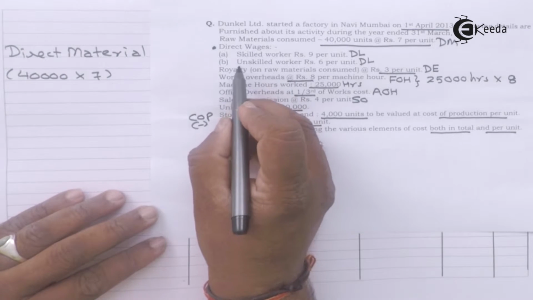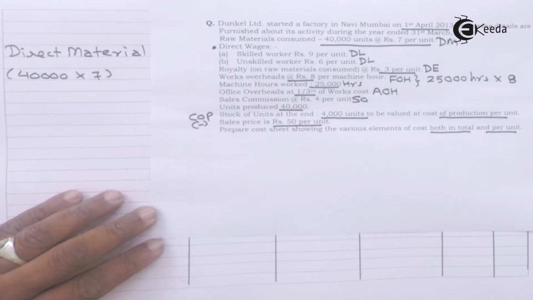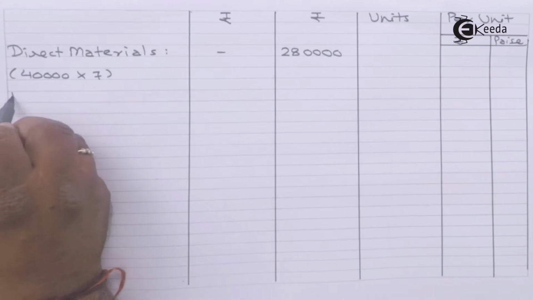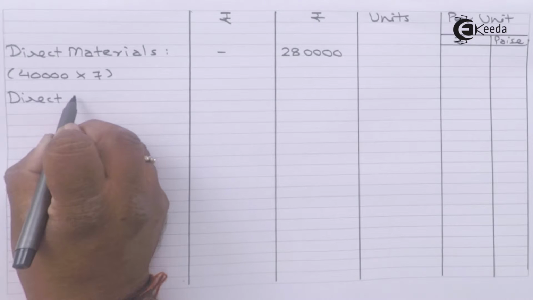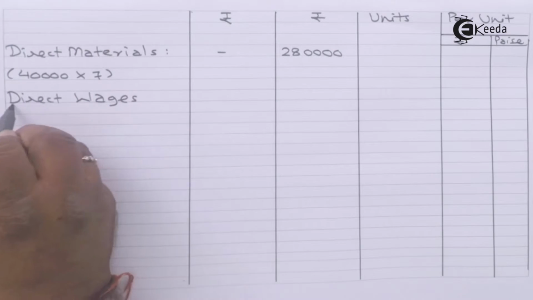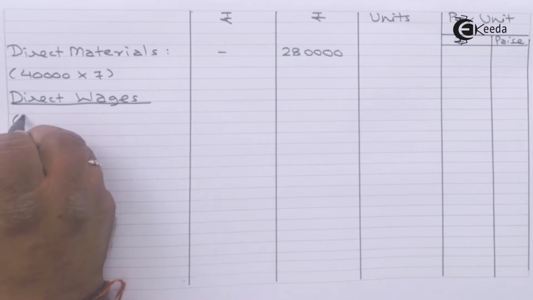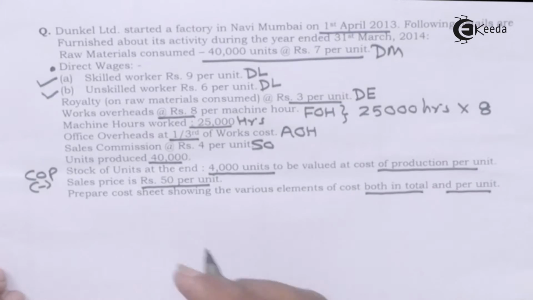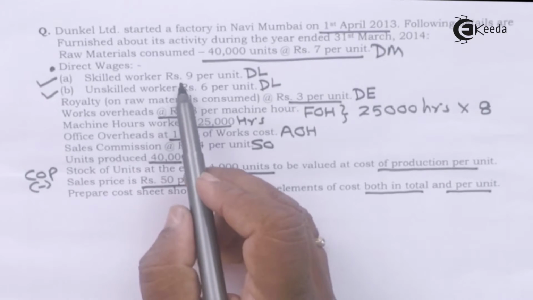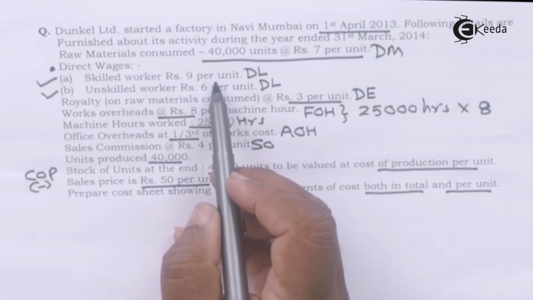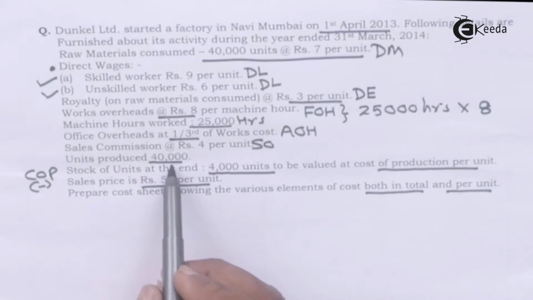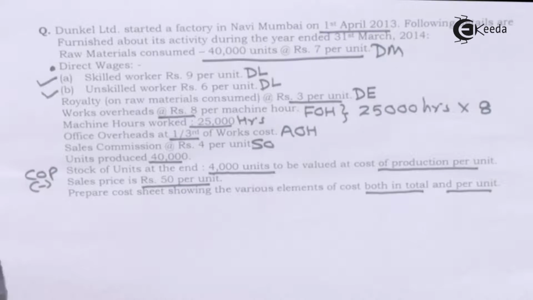Direct wages, there are two types of laborers, skilled and unskilled. In case of skilled, they have said rupees 9 per unit. It will be rupees 9 per unit produced. Total unit produced, they have given 40,000 units.